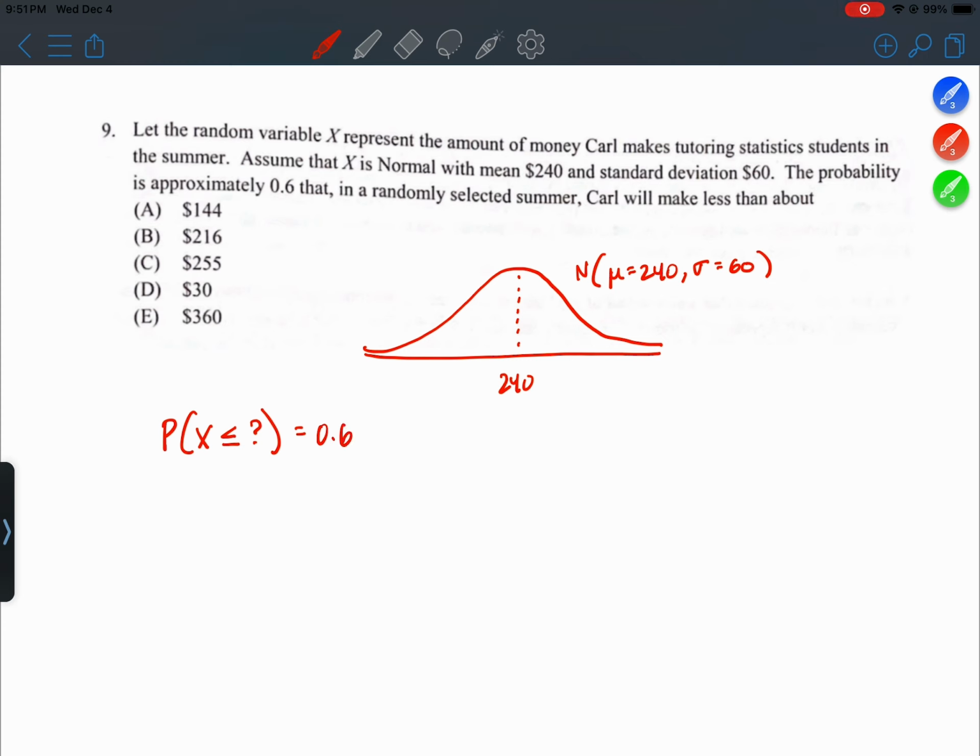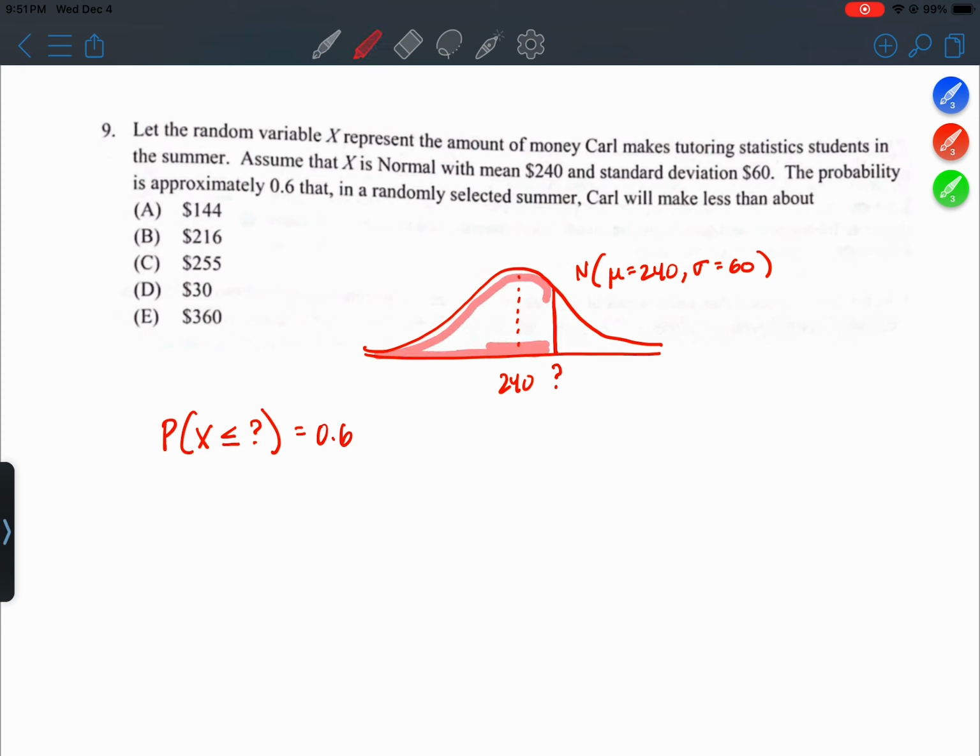Now, if 240 was the amount, then that would be 50%. So since we're looking for an area of 60%, that means that we need to go a little bit past here, right? So this mystery amount is something slightly bigger than 240.